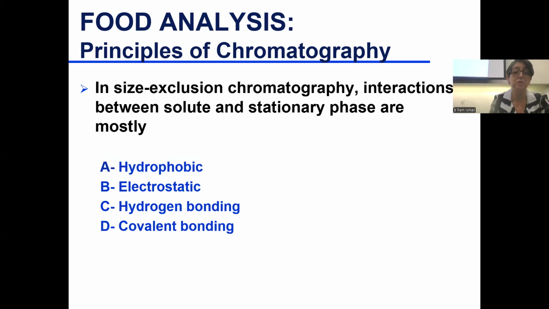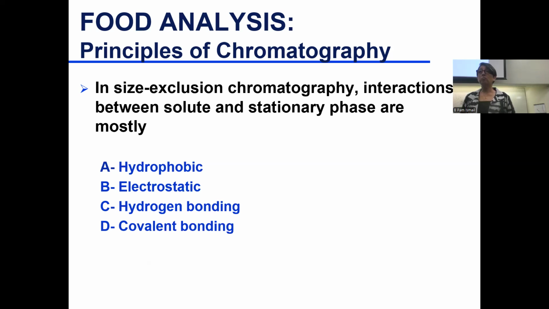So what kind of interactions do we have in size exclusion between your stationary phase and your solute? Electrostatic. Okay, let's hear it for others. What kind of interactions happen when your solute goes through those pores?